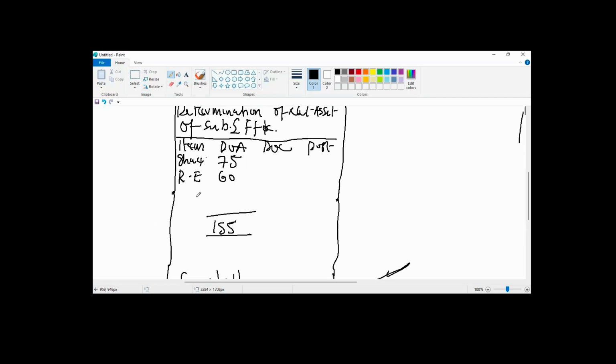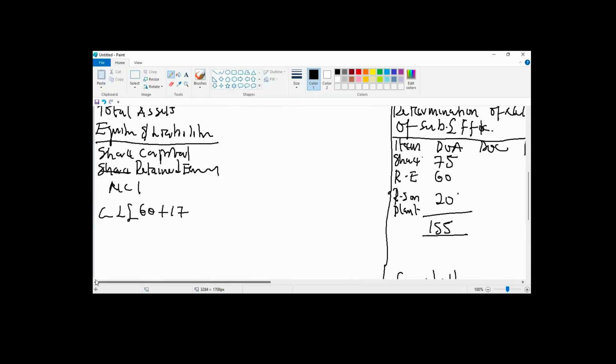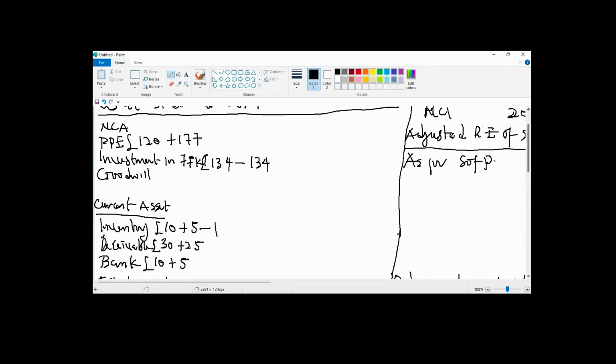Can I get it? Yes. So the valuation surplus on plants, balance figure, 20. Second leg, don't forget, I will credit reserve and debit the PPE. We'll go to the PPE, second leg.